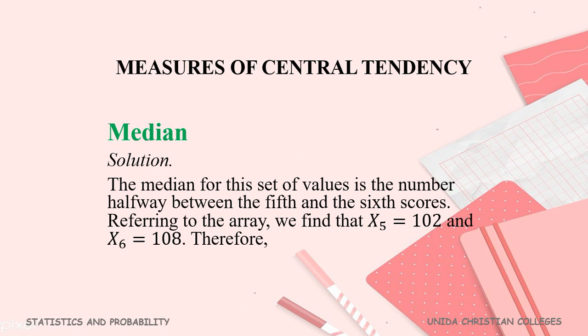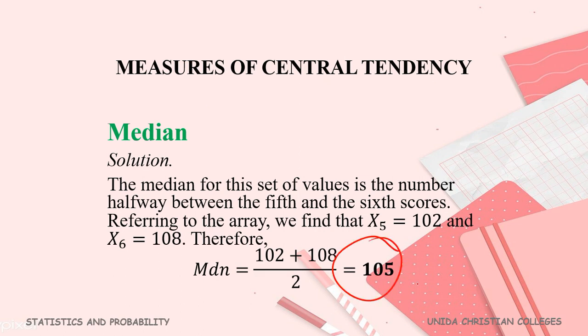Referring to the array, we find that our 5th score is 102 and our 6th score is 108. So, therefore, we need to add and then divide it by 2. So, 102 plus 108 divided by 2, we will get 105. And that will be our median. Okay?